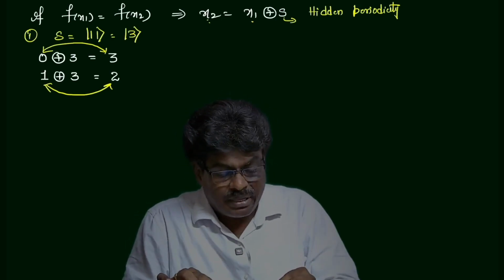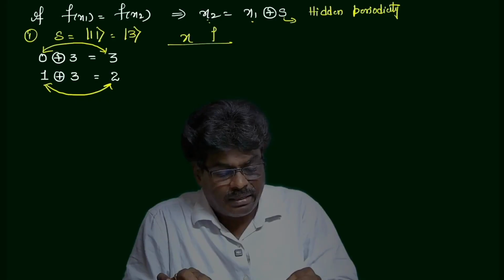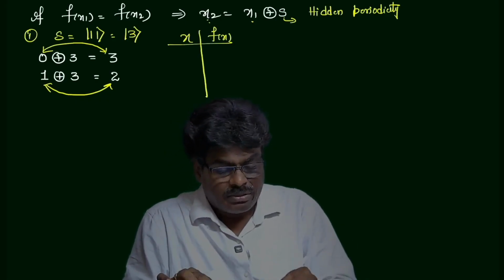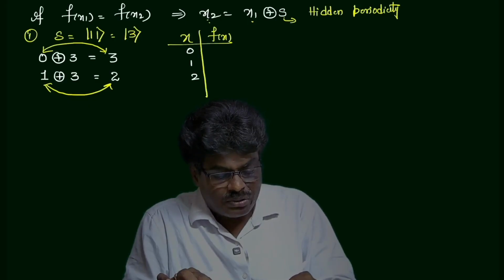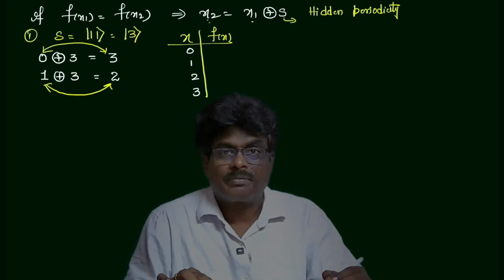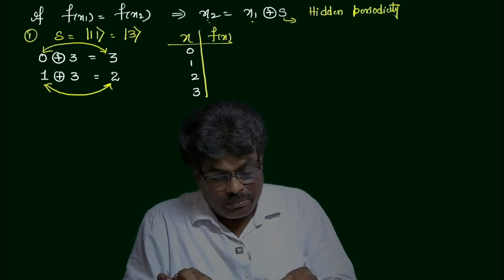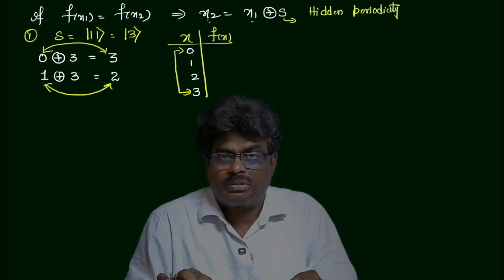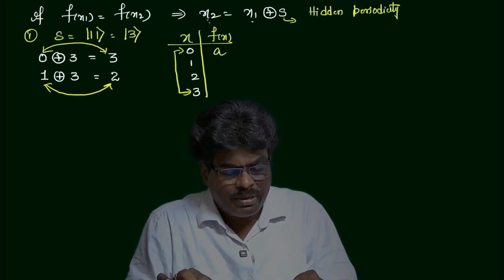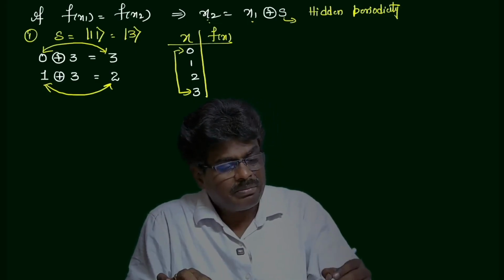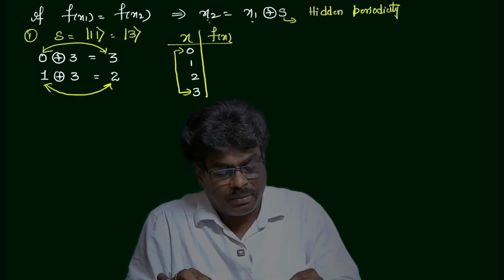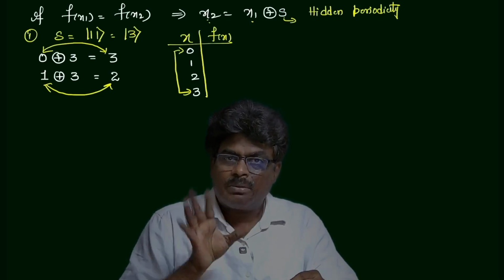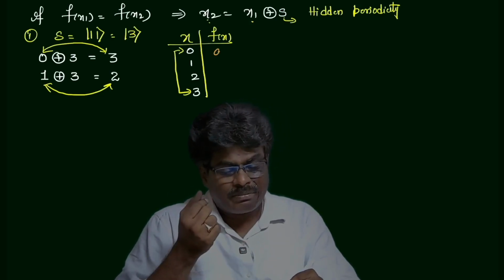Then your tabular form, this is x and this is f of x. If you take 0, 1, 2, 3, from this addition we can say 0 and 3 have the same output. Let it be a. I have seen in many places that some people bother about that output. Here you need not bother about the output. Let it be some a.